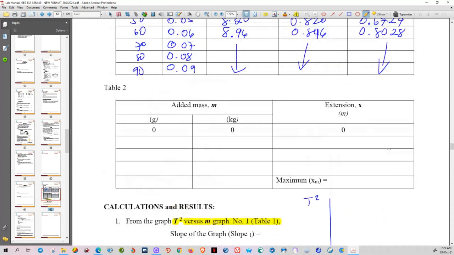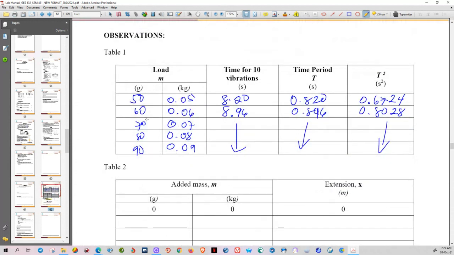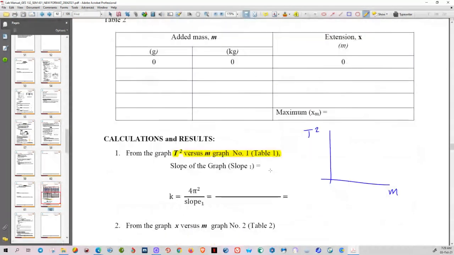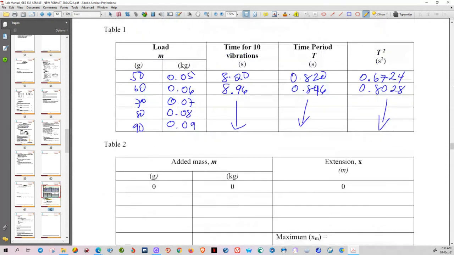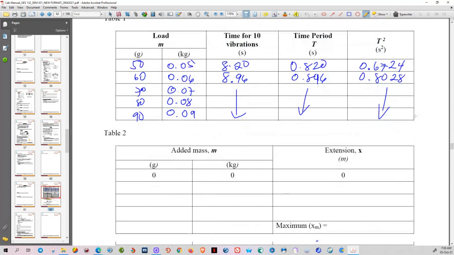In the x-axis, you start with the masses. This is 50, 60, 70, 80, 90, okay? Your graph starts from 0, so you can divide it by 10, for example: 10, 20, until you reach 100. And then in t squared, look at the values. So 0.67, 0.8.